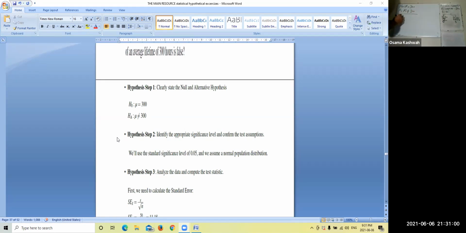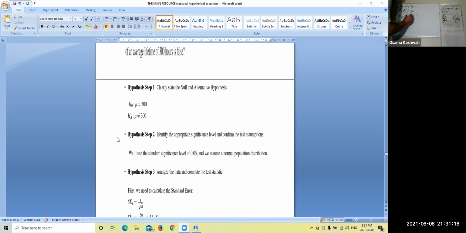For the test tool here, we don't have the value of sigma; the standard deviation is unknown.